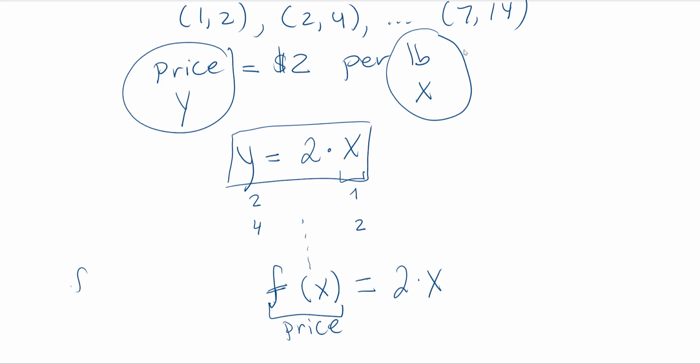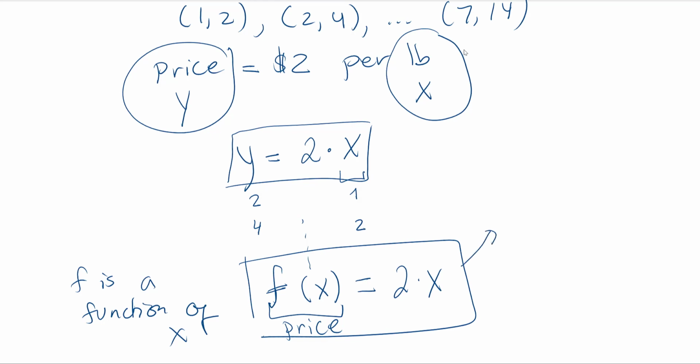So f is a function of x. And this is the formula when, again, x is the pounds of peaches, and f of x, or f of the number of pounds, is the price.